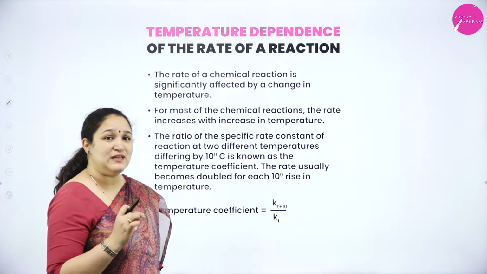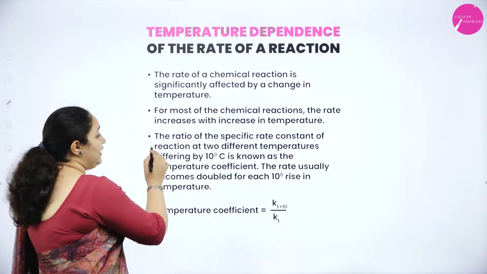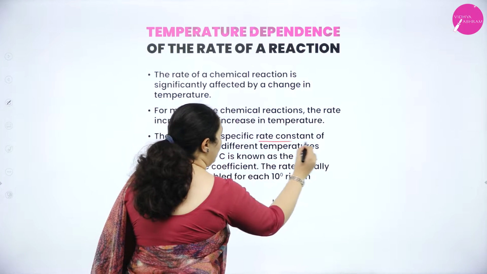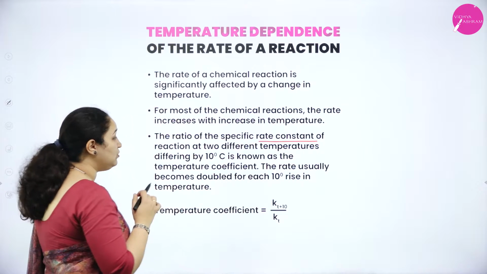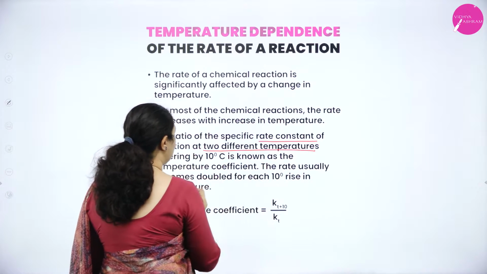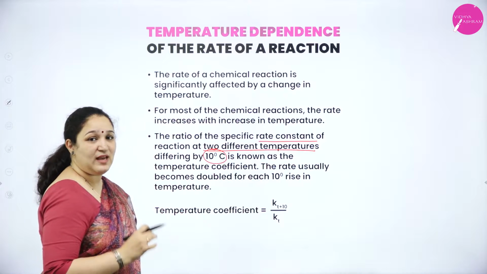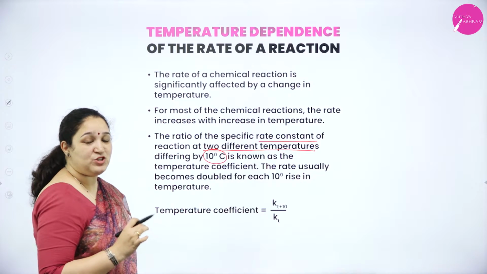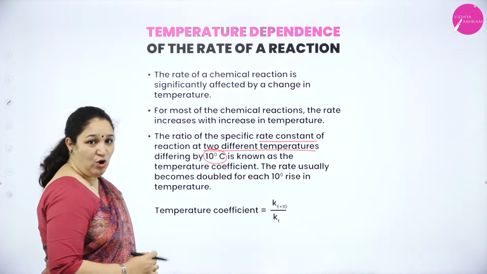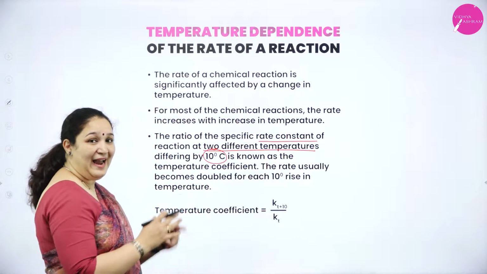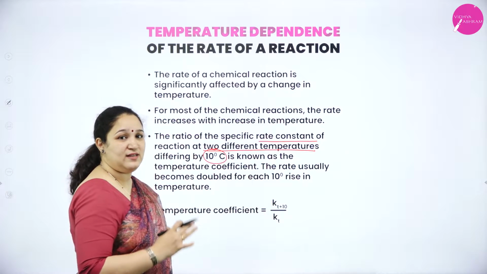So, what is temperature coefficient? The ratio of rate constant of a reaction at two different temperatures differing by 10 degrees Celsius is known as temperature coefficient. So what is it? It is the ratio of rate constant at two different temperatures differing by 10 degrees Celsius.